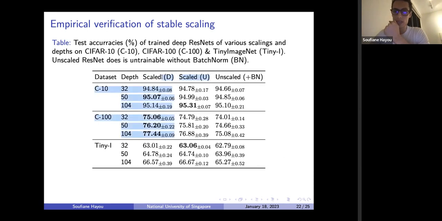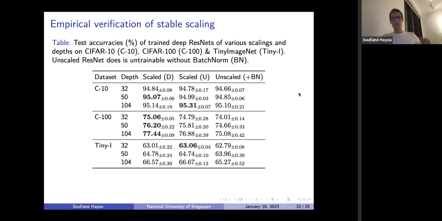Here I'm not using batch norm. So this is a major improvement in the cost of training, because batch norm is memory heavy, it consumes a lot of memory. So this is basically the empirical verification of this stable scaling.